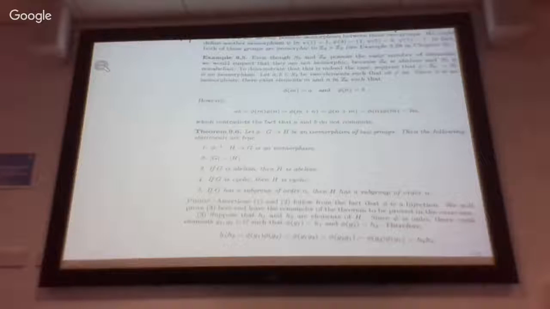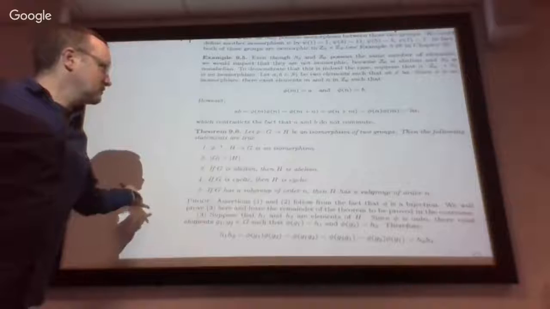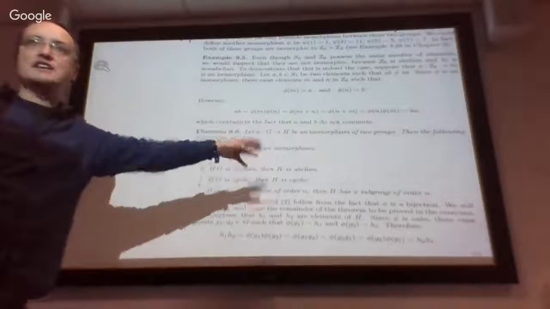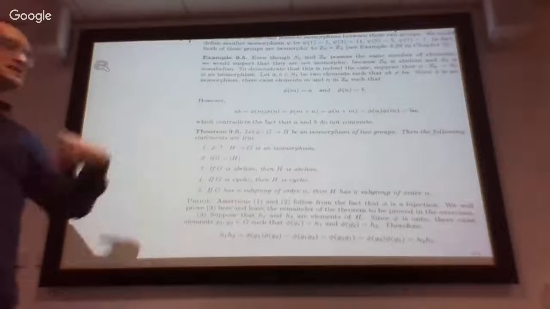The way we proved 5, when you look at the recording or the notes, is that we take a subgroup of G and map it across using the mapping phi, and phi of that subgroup will be a subgroup inside H. So as well as phi mapping the elements across between the 2 sets, it's also simultaneously mapping all the subgroups from one to the other. Whatever is going on with the subgroups in G, the same thing is going on with the subgroups in H.